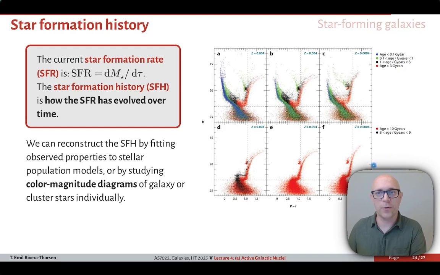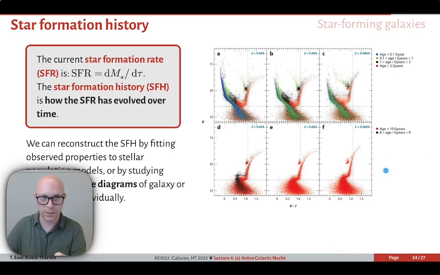And the takeaway point from this plot is that once we have these good models of stellar populations, multiple age stellar populations, we can of course also go the other way and observe relatively complicated stellar populations and still fit them to a number of different populations of different ages and metallicities.